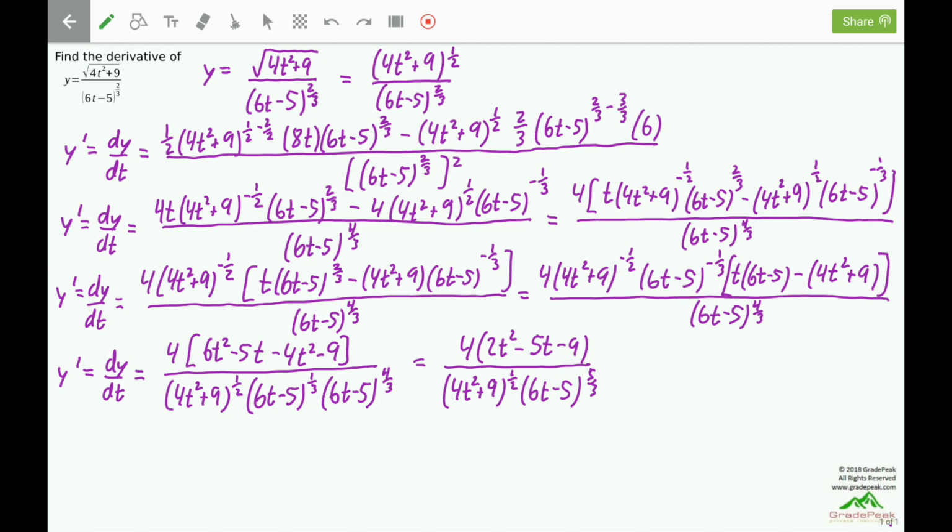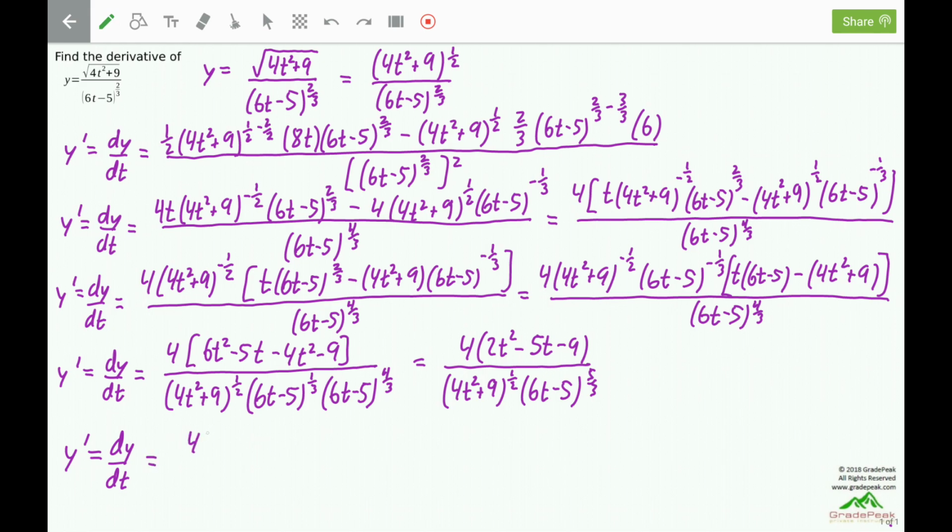We have one other thing that we can do with this. Since in the denominator we have that 4t squared plus 9 to a 1/2, we can rewrite that as square root first power, or just square root. So there's an alternative way to write this result. Quite often, if it's going to be a square root, it will have to be rewritten with the radical symbol. Other than that, though, nothing will change.